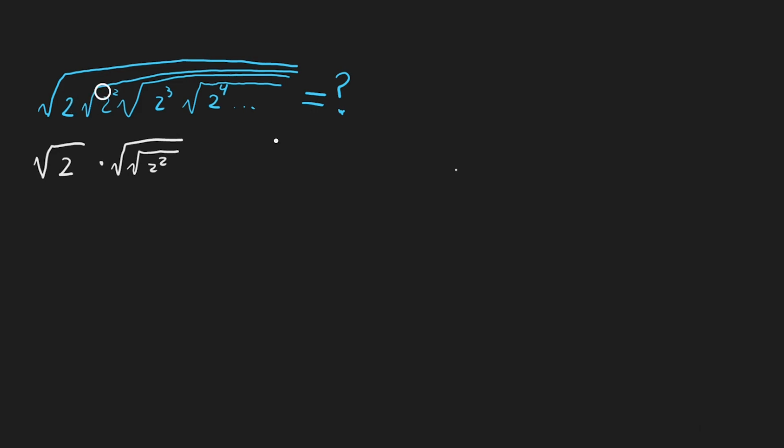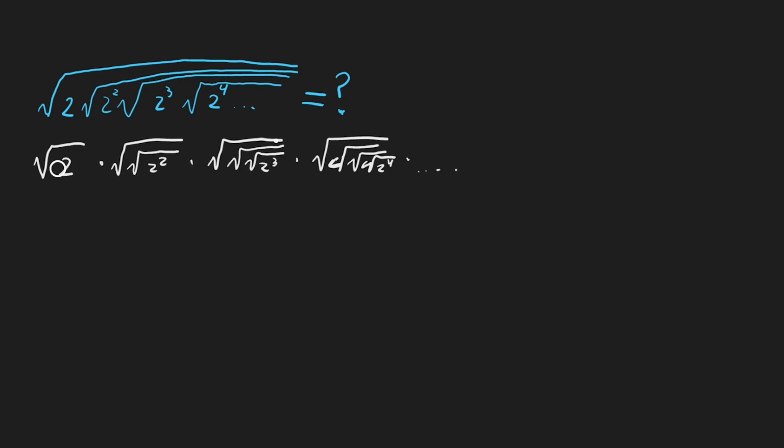Remember that this root is inside the other root, and multiplied by the square root of 2 cubed, multiplied by, again, now we have 4 roots, and I will stop there because I'm pretty sure you get the picture after this cube, so I'll just leave 3 dots, which means that this continues indefinitely.